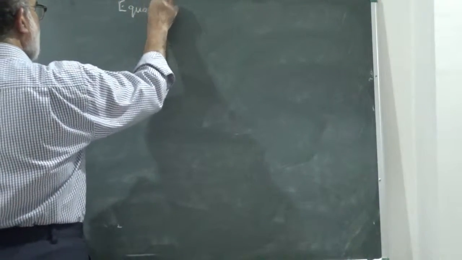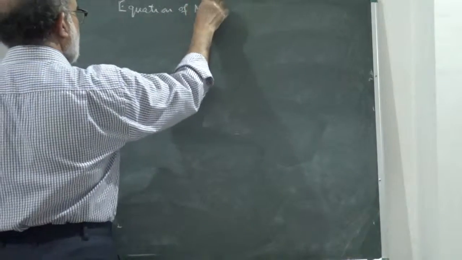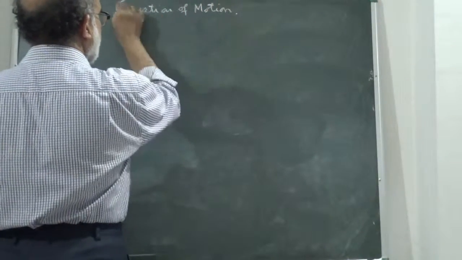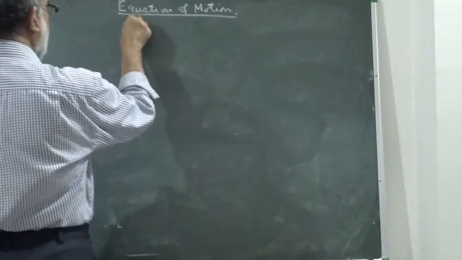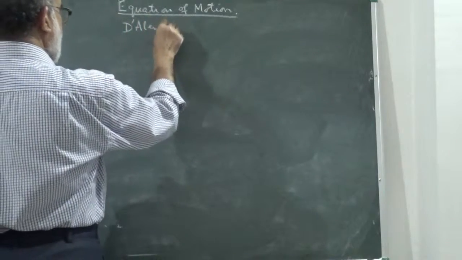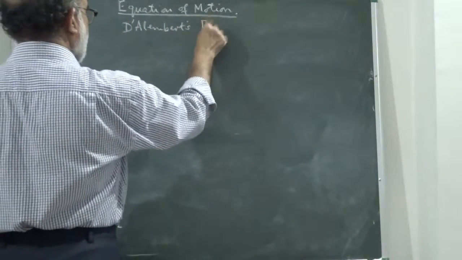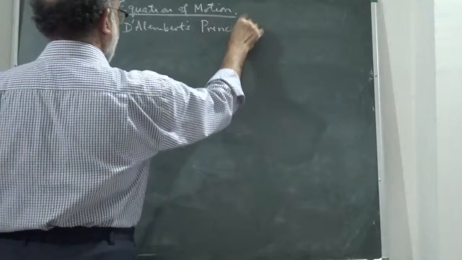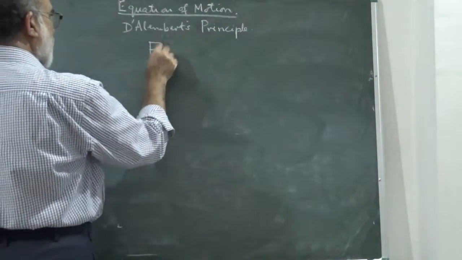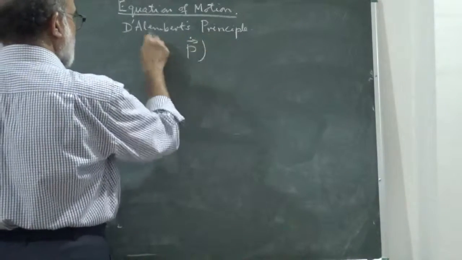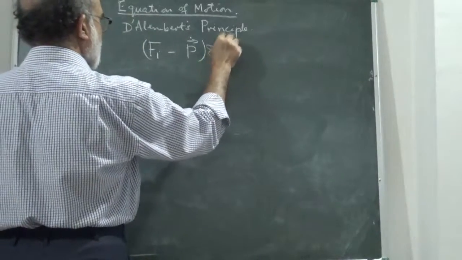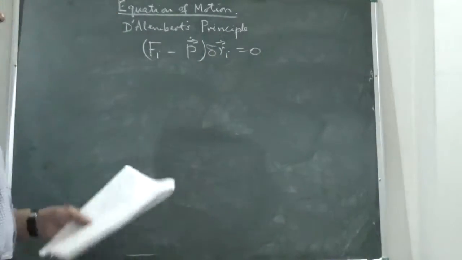Now use the equation of motion, in the usual coordinates. We have the equation of motion, or it is called D'Alembert's principle, that is summation of Fi minus Pi dot delta Ri is equal to 0.